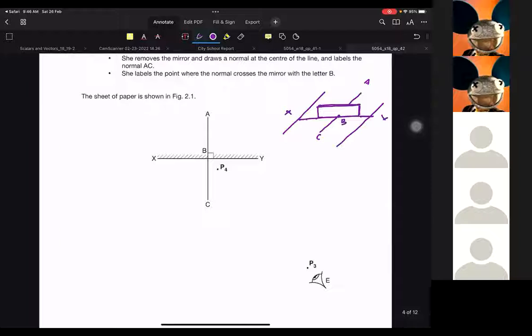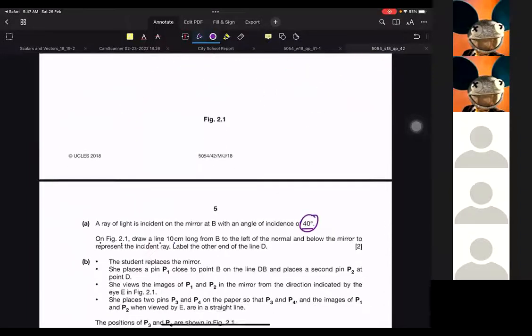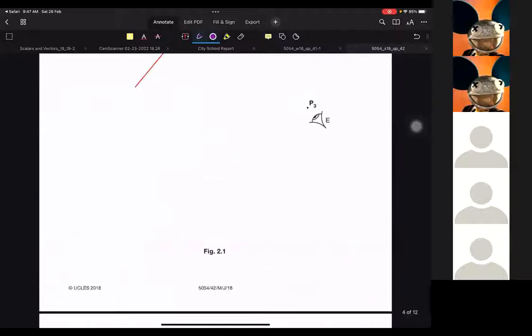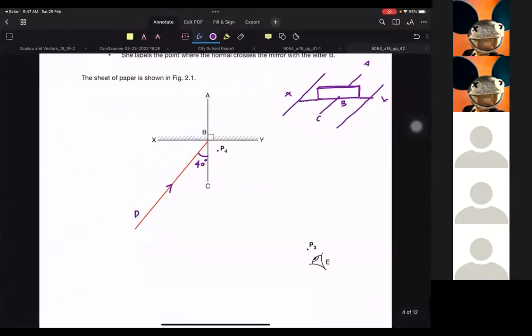So I don't have any ruler, but if I were you, I'd draw a line which is 40 degrees from here, draw an arrow like this, using my protractor. Then it says label this line D, so I'm going to write D.